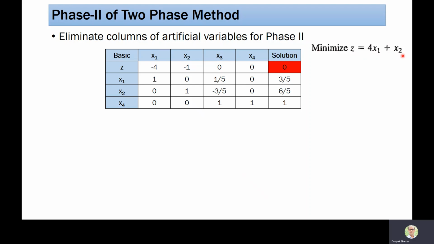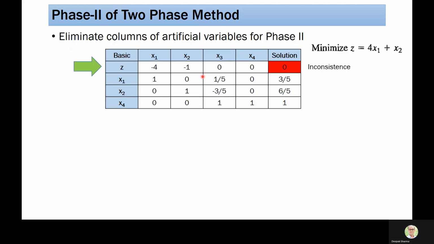You can see there is no R1 and R2 in the original function. So in order to reduce the number of computations, we have removed R1 and R2. But in the M method, we have preserved these two columns, so the computation in the M method will be more as compared to the two-phase method. To save some computation, we have removed R1 and R2.